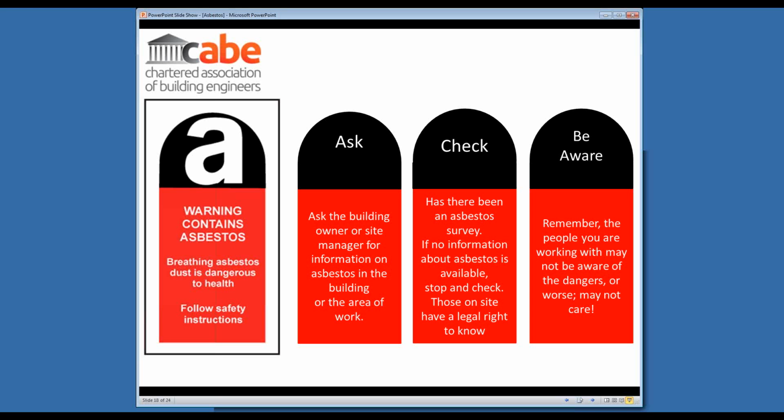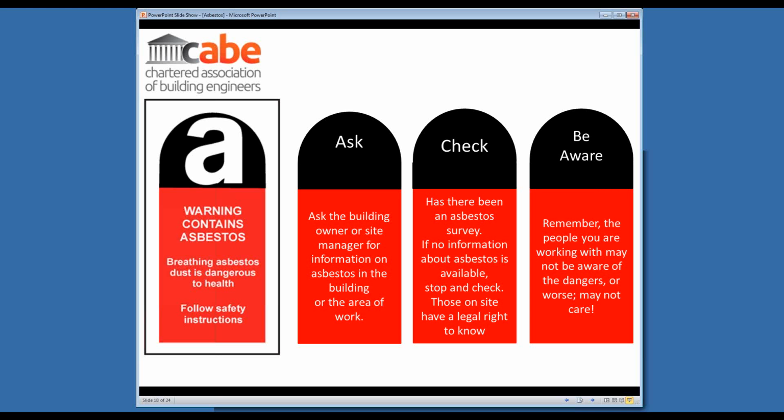Ideally, then, the information about the asbestos should be available when contractors are going through the tendering process for a project that may involve work on asbestos, and that's the ideal situation. It can be planned for. If needs be, licensed subcontractors can be brought in to deal with that element of the work. The difficult bit will be that in reality, quite often the asbestos isn't identified until we start taking the building to pieces, and then we become aware.